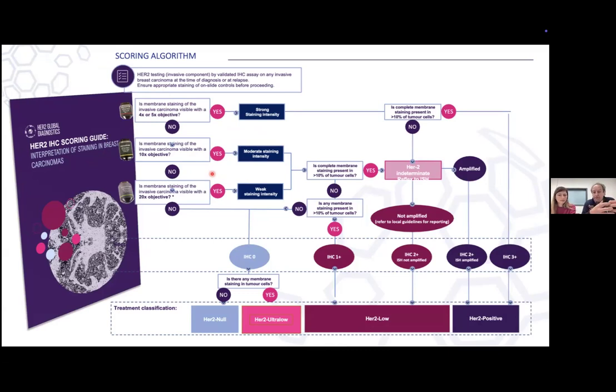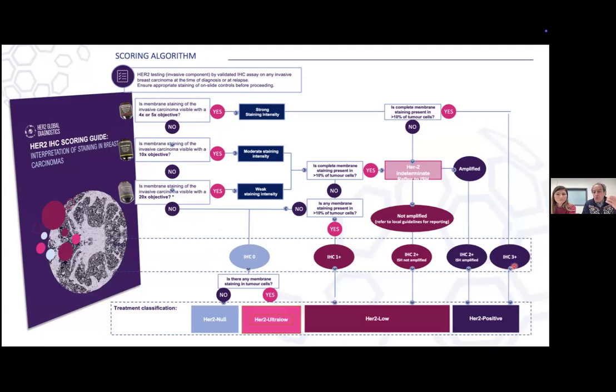And now that HER2 low has come to the fore, we had the opportunity to write it down and to think about it and to create a scheme. So we will talk about it more in detail, but there is a stepwise approach where we use a magnification system to determine staining intensity. Then we look at how many cells have those characteristics, and then eventually we come up with an IHC score that is written here.